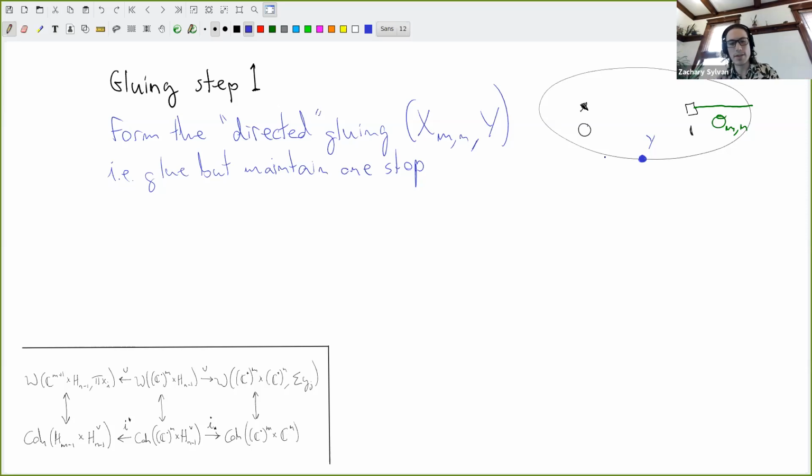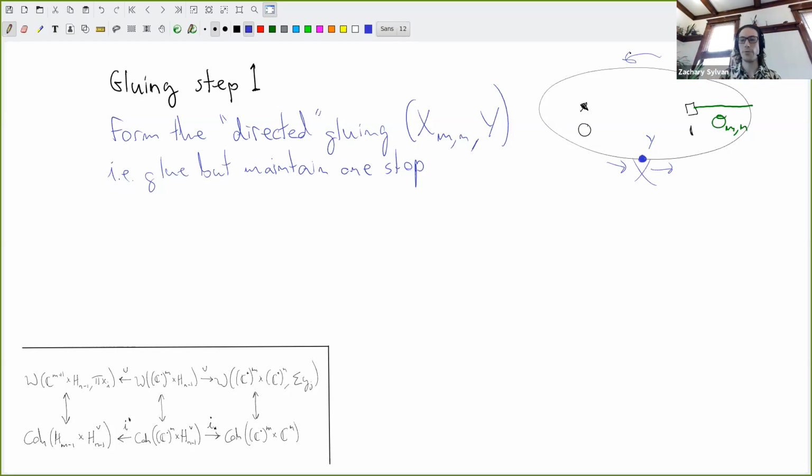And what that means is that we don't get any Reeb trajectories. Remember, or if you don't remember, the wrapped Floer theory is about counting Reeb trajectories, so Hamiltonian flow near infinity. So this stop is going to get in the way of the flow on the lower edge, but on the upper edge, there's no stop.